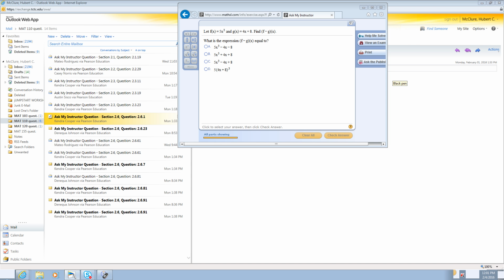All right, let's forget about the pinkies and let's forget about the f of x is equal, and let's just do it. Pre-algebra. 5x cubed minus parentheses 4x plus 8. That's what you do. Distribute the what? The negative, Hubert.